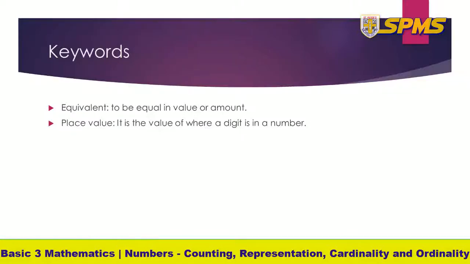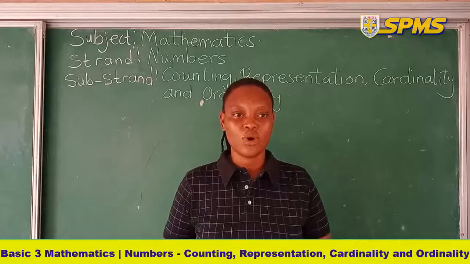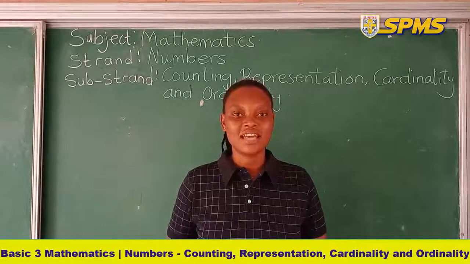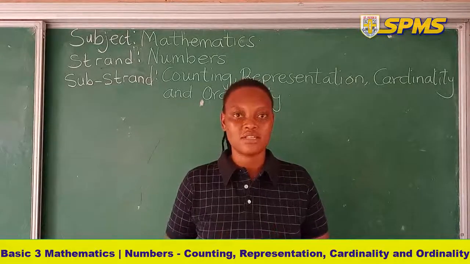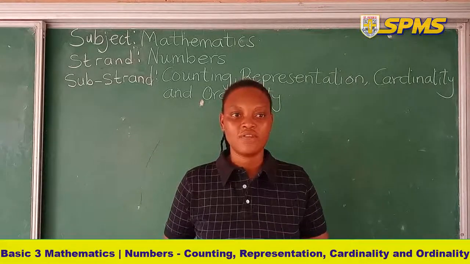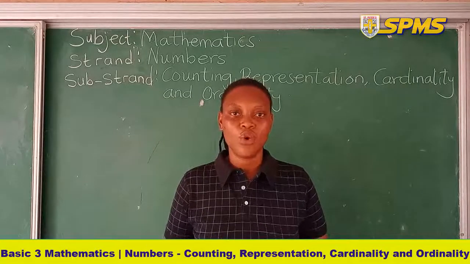Equivalent means to be equal in value or amount. So when something is equal in value or is the same as something, then we can say that that thing is equivalent to the other because they both have the same value or amount.